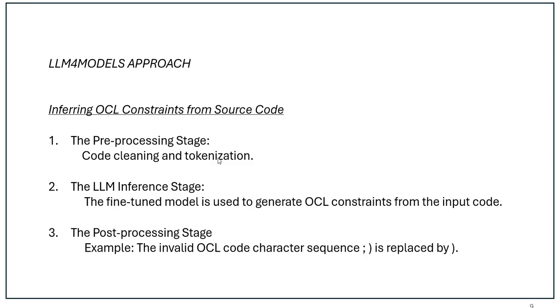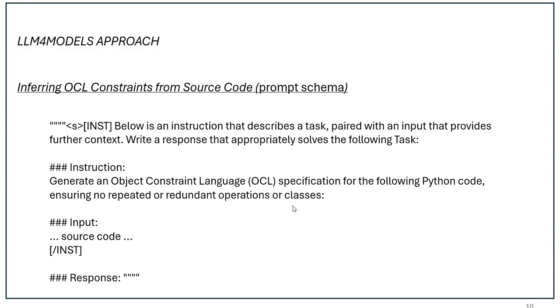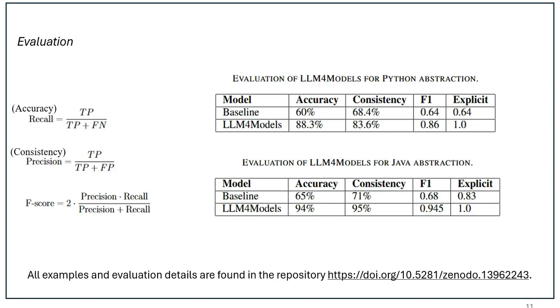Then there is pre-processing and post-processing, for example, to remove clearly invalid output, to improve the quality of the output. For the LLM, we used a fairly standard set of prompts to ask it to produce OCL from source code.